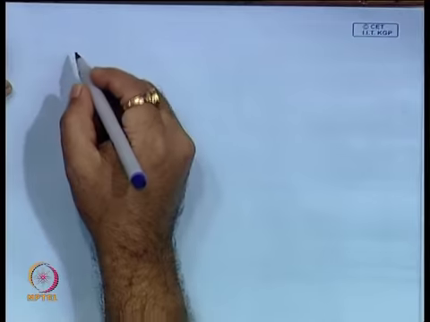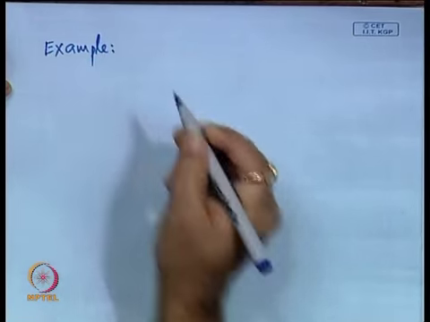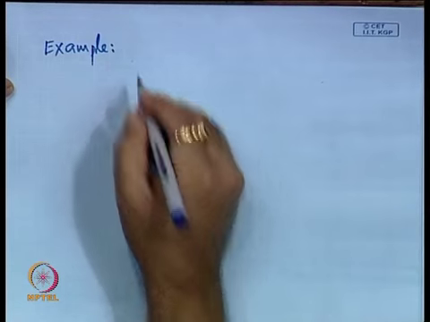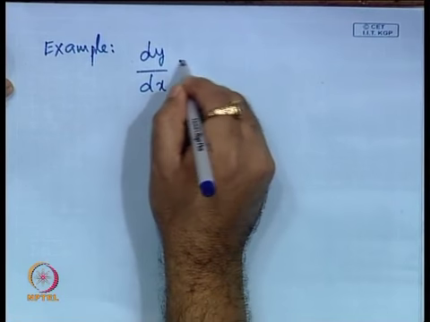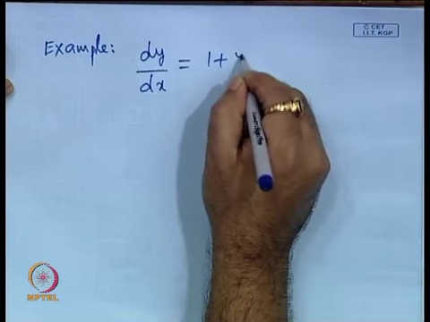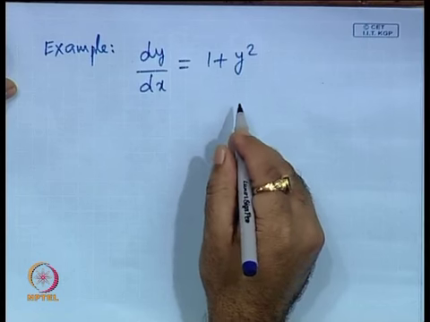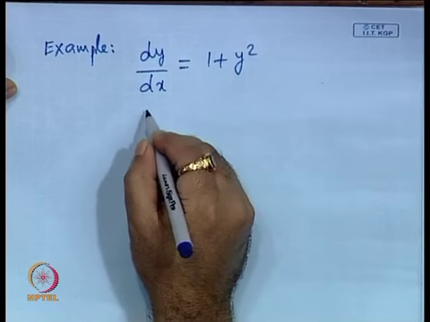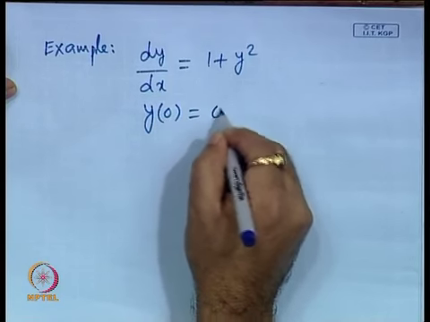Okay. So, let us see that. I will explain with respect to an example. The example I consider is dy by dx is 1 plus y square. As I mentioned, this is a first order ODE. So, I need one condition. I have taken this condition as very simple.